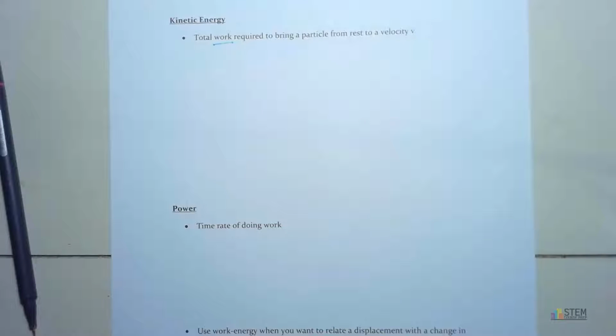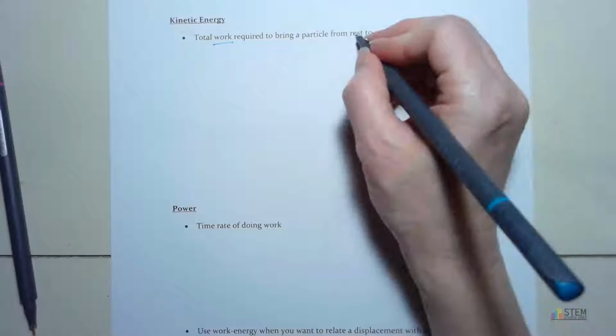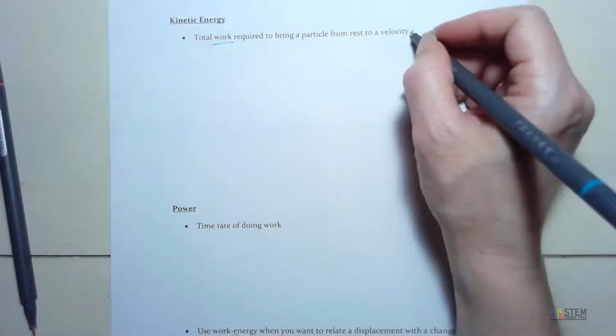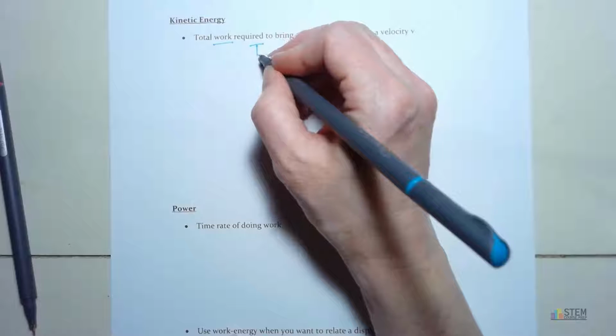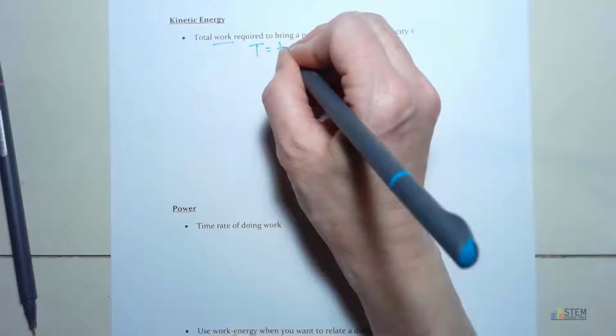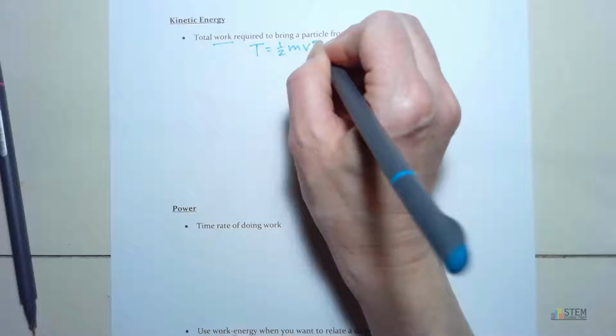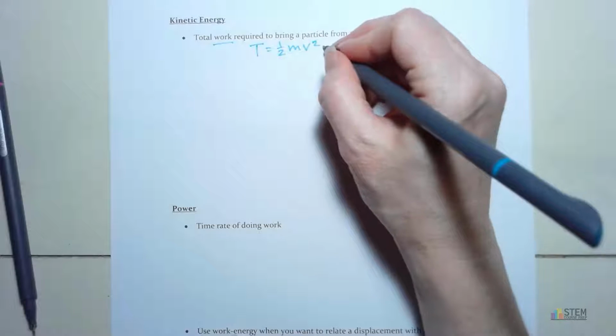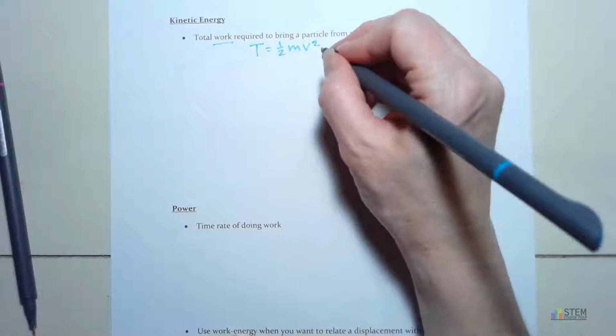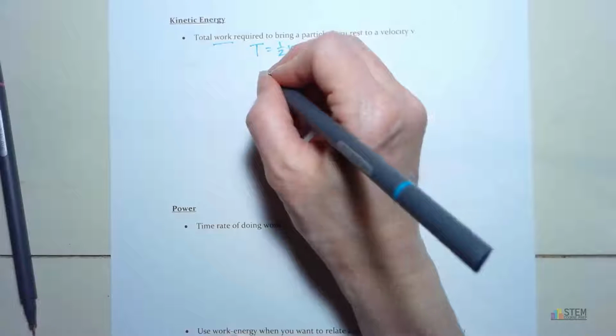That's all it is. So if I'm going from rest to a velocity v, I'm going to say T. T is my symbol for kinetic energy. T is going to be 1/2 mv squared. Notice this is always going to be positive because this is squared.